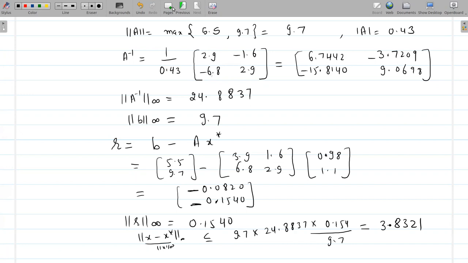Sometimes you also have symbolic entries. For example, find the condition number for matrix A, whose entries are 1, constant c, c, 1, and it is given that the constant c is not equal to plus minus 1. Find the condition number.